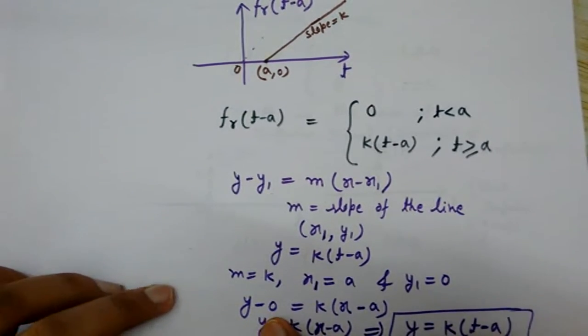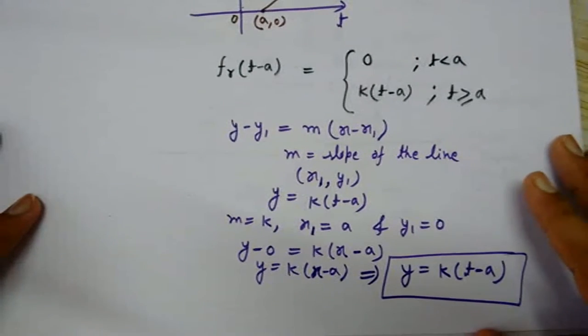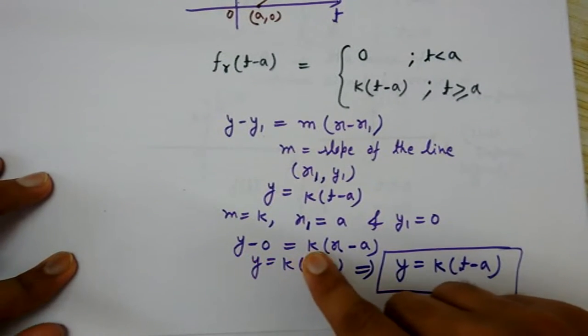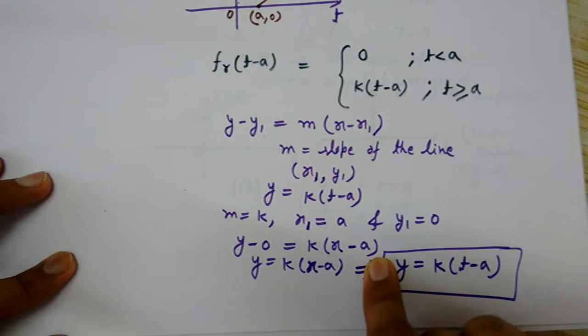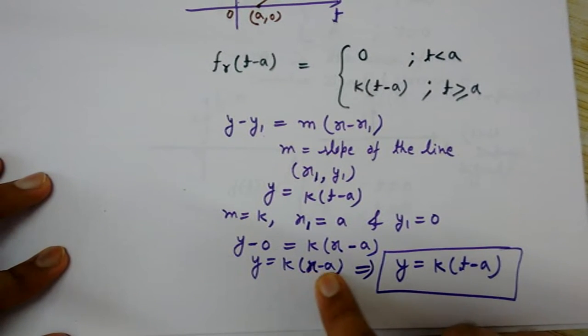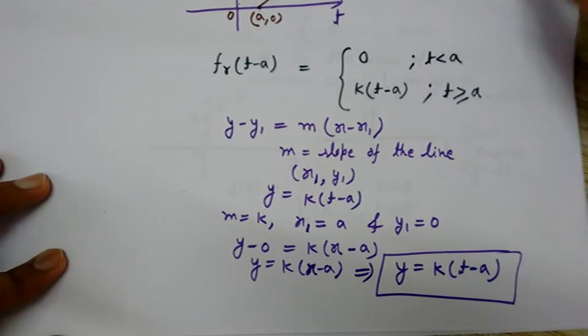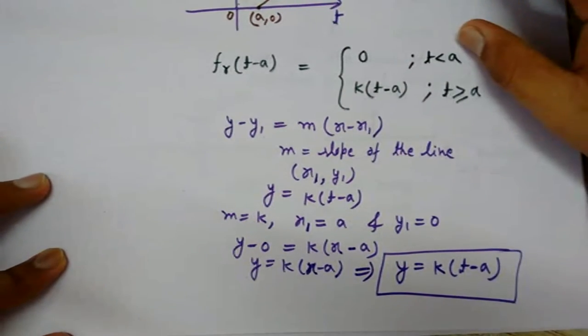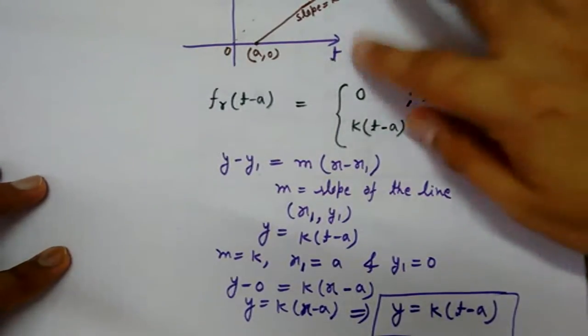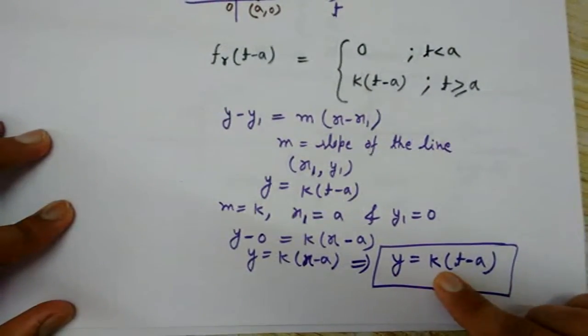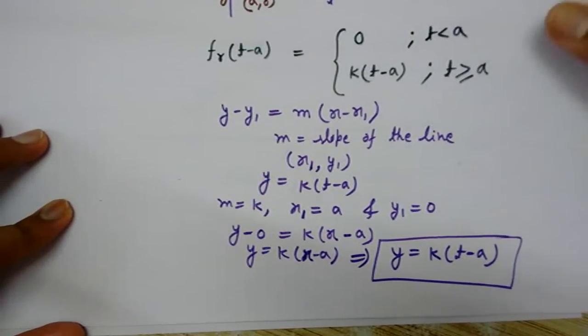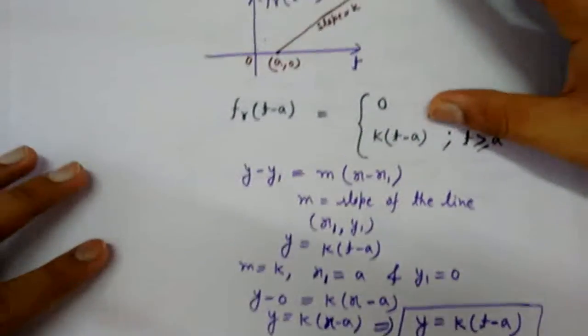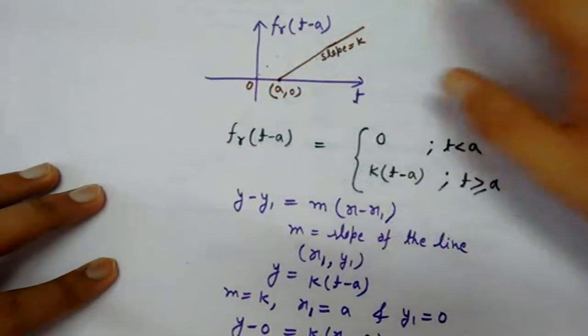So we can write y minus 0 equals k(x minus a), so y equals k(x minus a). On the x-axis we have t, so we write y equals k(t minus a). So we got k(t minus a); this is the equation of this line.